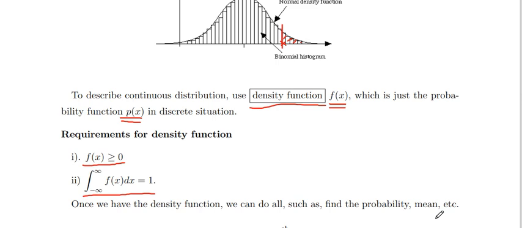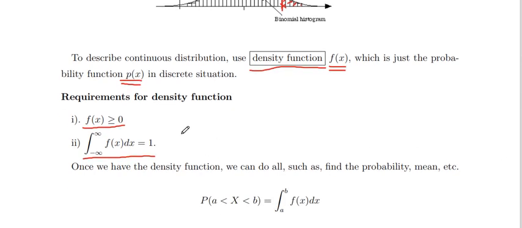For continuous distribution, addition becomes integration, right? So the summation becomes integration. In general, if a function f(x) satisfies those two conditions, then this f(x) is a density function for some random variable.